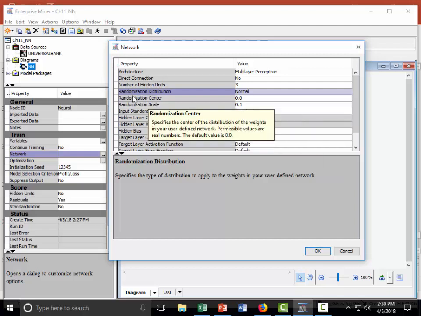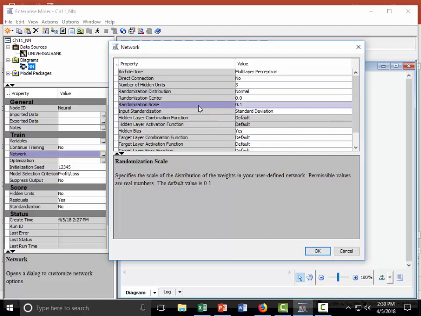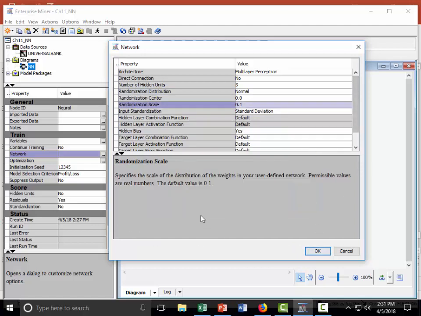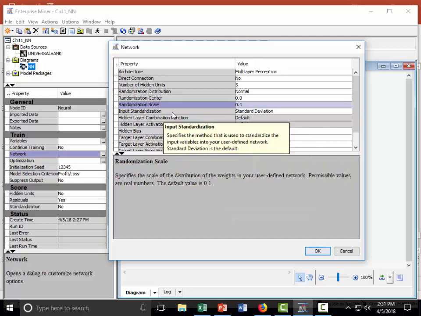Randomization scale. That is how far out you want to go from the 0. So specify the scale of the distribution of the weights. From 0, how far out to the negative side, how far out to the positive side.